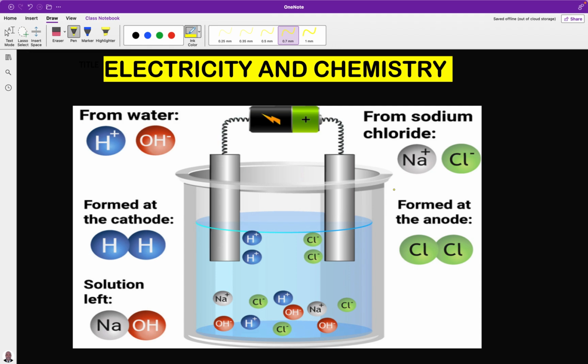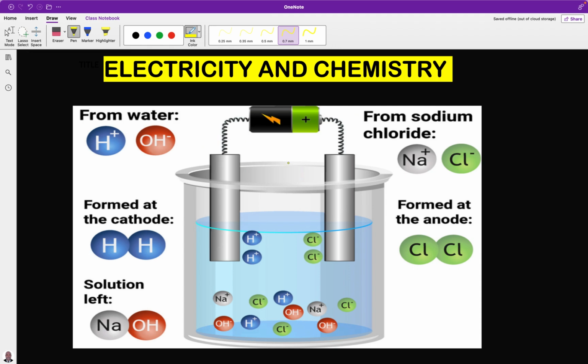But in the first case, what is electrochemistry or what is electrolysis? Electrolysis is the passage of an electric current through an electrolyte, be it in a molten state or in an aqueous solution, causing it to decompose into the different ions.